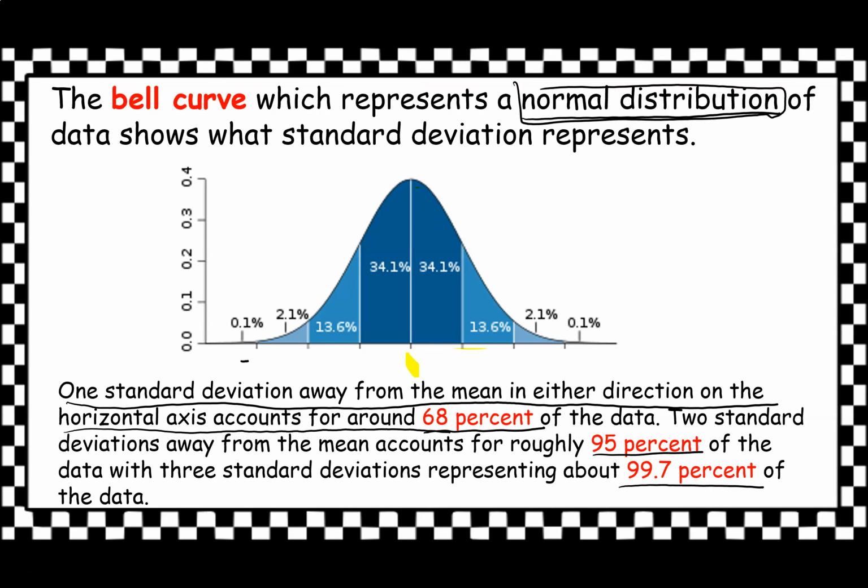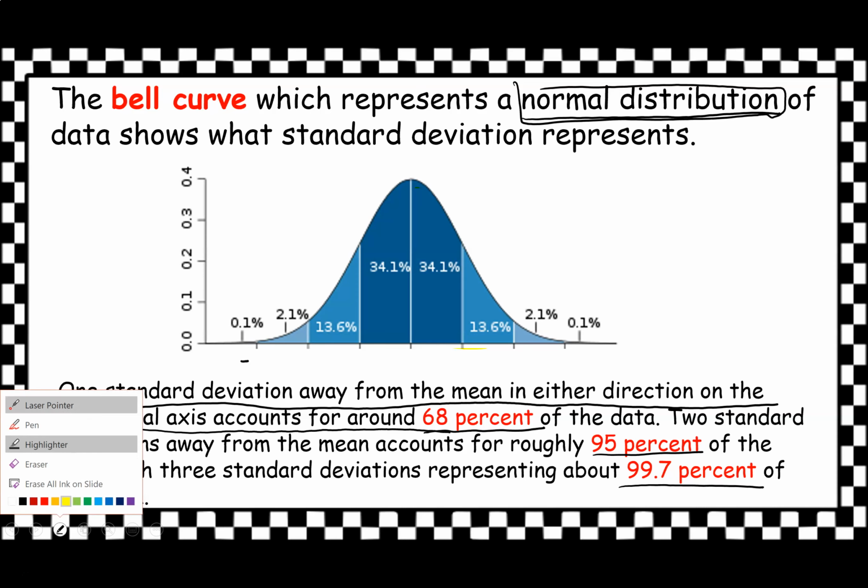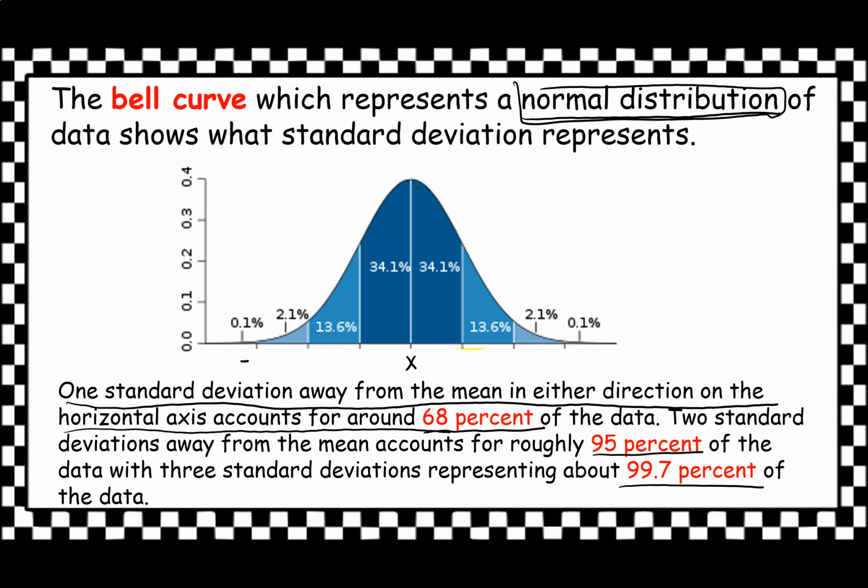Here's my X bar, here's one standard deviation, here's one standard deviation. And we're actually talking about both directions here, right? It says one standard deviation away from the mean in either direction. So that is this value right here. Now add up 34% and 34% and you get roughly 68%. Technically 68.2.